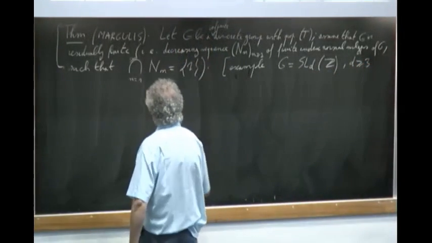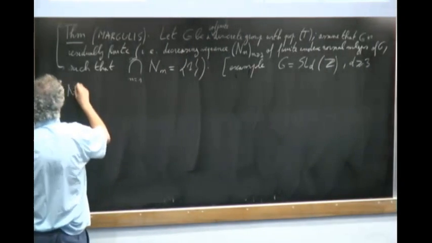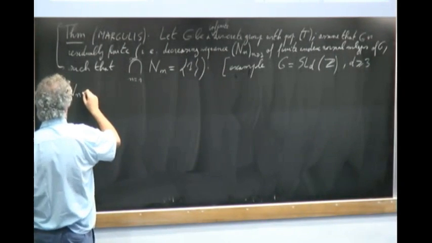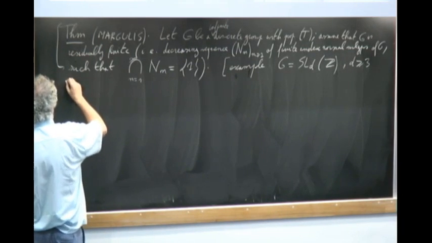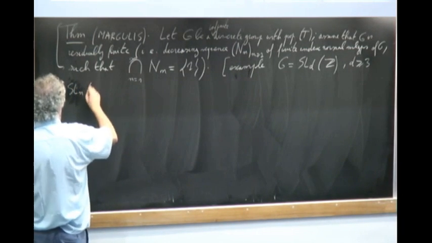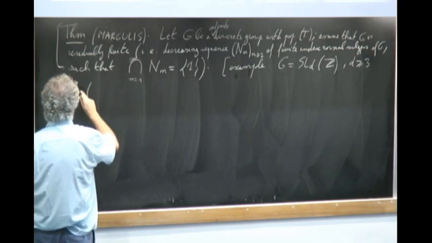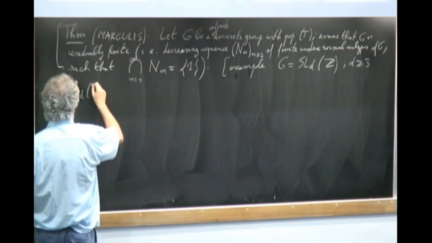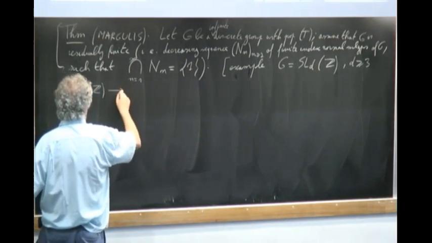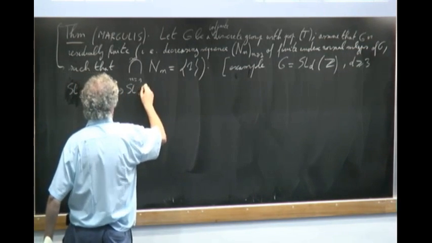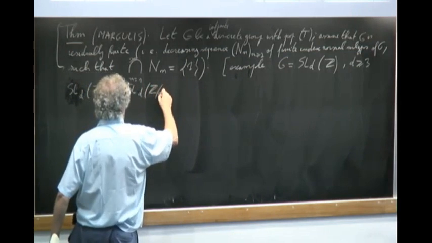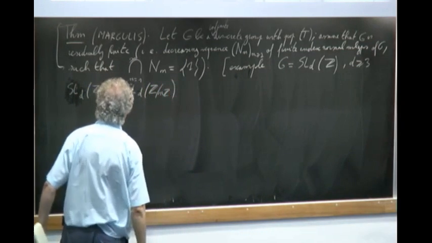And then you have reduction. You can take reduction modulo n. So you have a map from SL_d(Z) onto SL_d of the finite ring Z mod nZ.